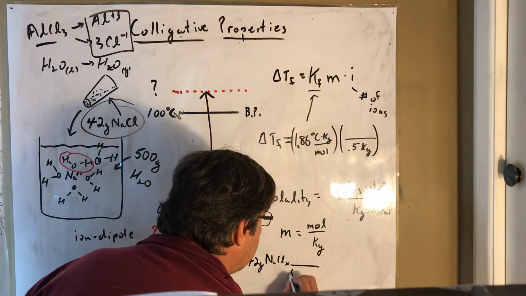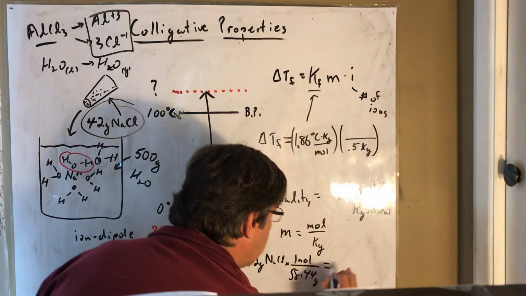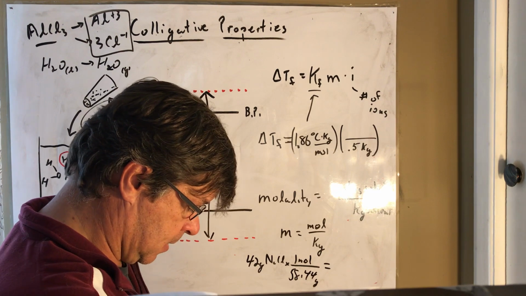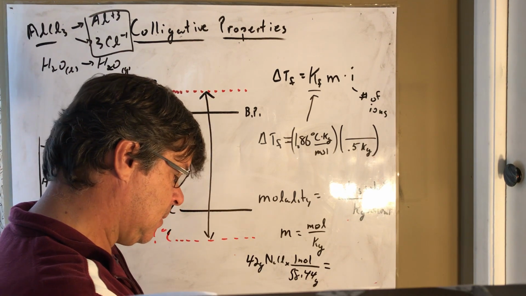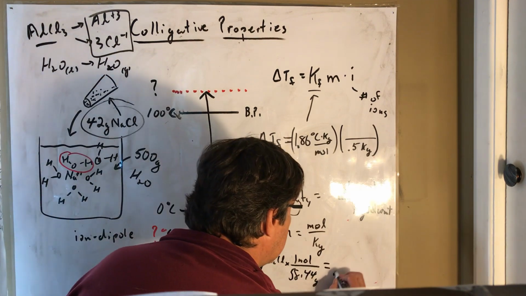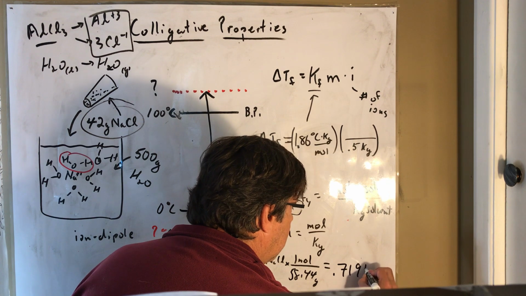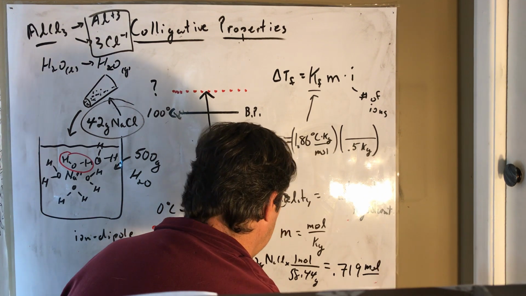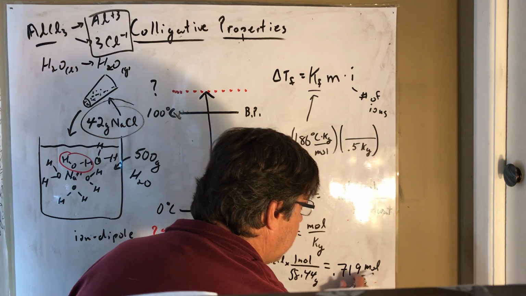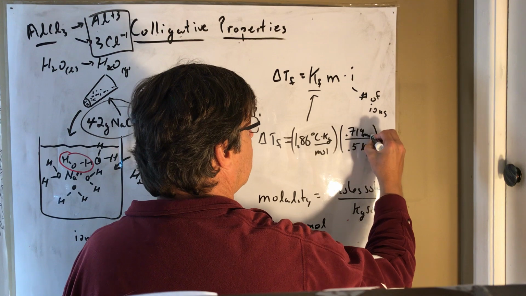This is 58.44 grams, 1 mole. Okay, so we'll just get that answer, times 42. This is 0.719 moles.